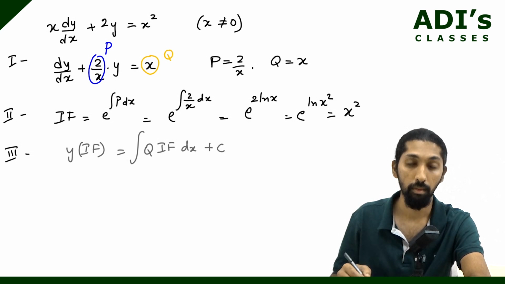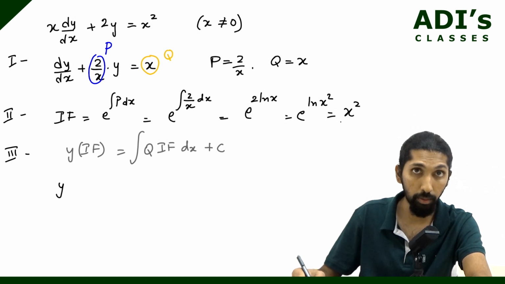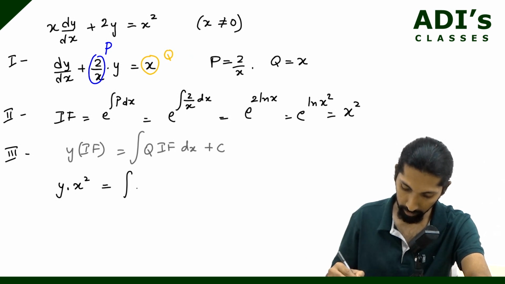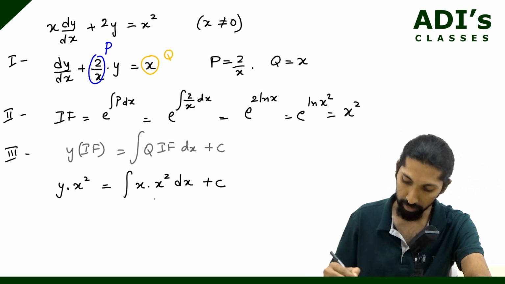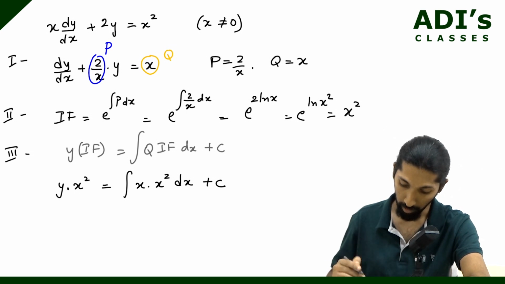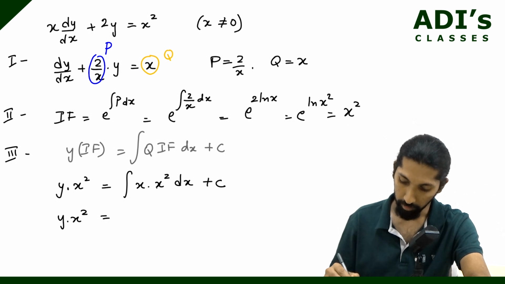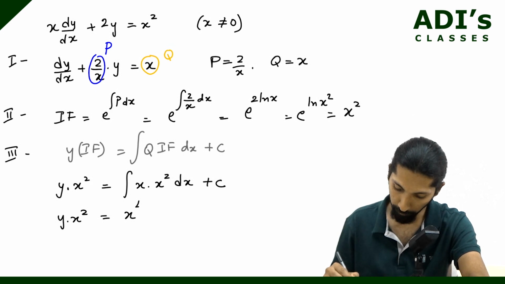The integrating factor is x squared, so y times x squared equals the integral of x times x squared dx plus c, which is the integral of x cubed. The integral of x cubed is x to the power of 4 by 4, plus c.